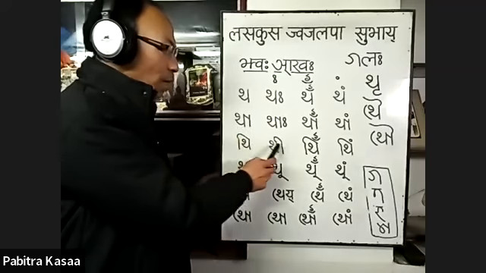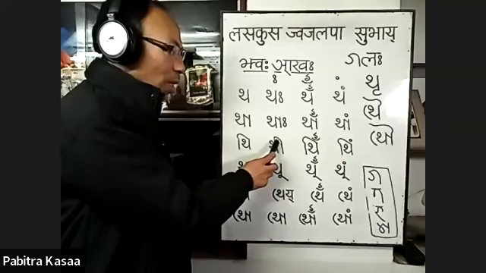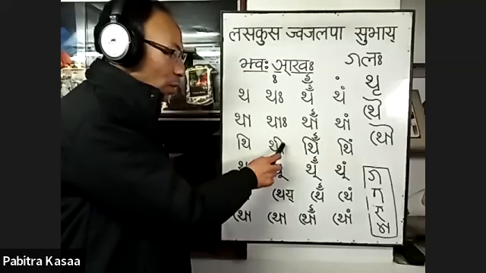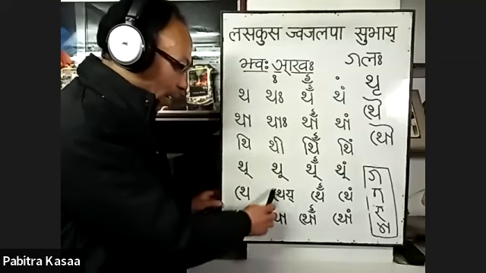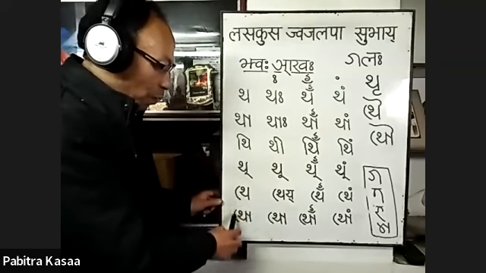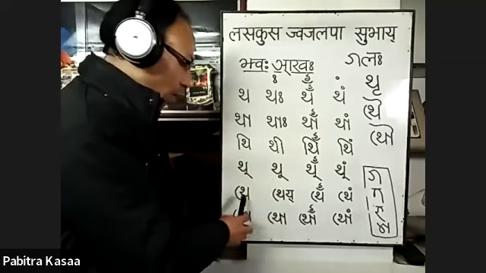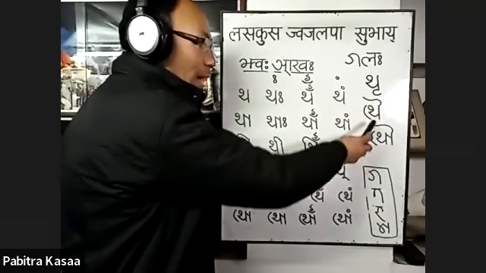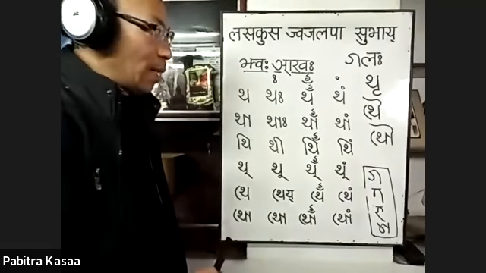But when we give the dirgha ikar, we do not need to add the jani because this ikar itself joins the other line. Similarly for ekar and okar, give the gola and write it before the letter. And all you need to do is give pata to the ekar sound and pata to the okar sound. This is how you write.